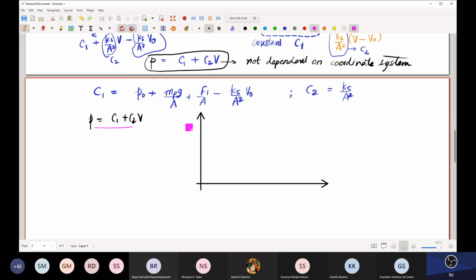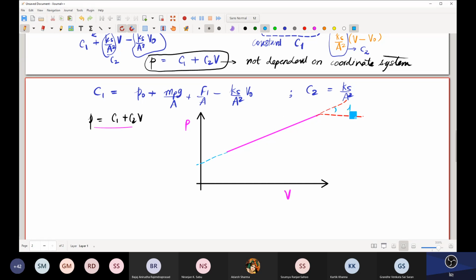So, what does this look like? If I have a pressure-volume graph like this, we know that it varies linearly. So it will vary like this, and the intercept and the slope of this curve are characterized completely by the two constants.